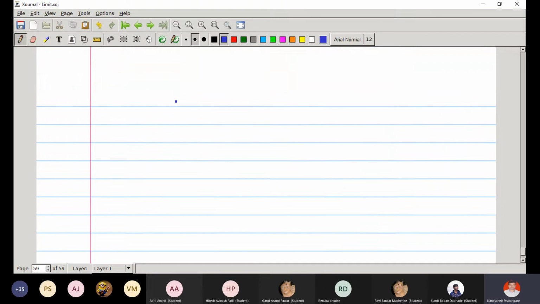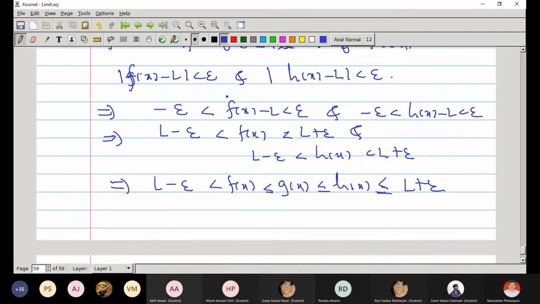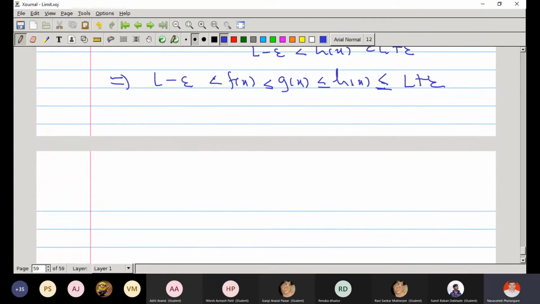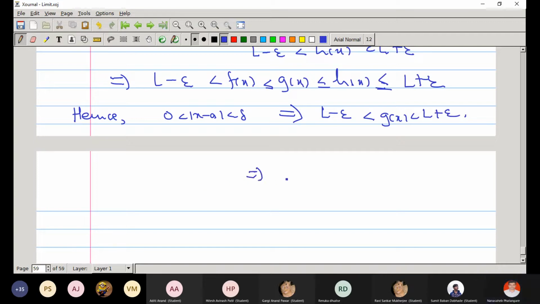So hence, what is the conclusion? If the distance of x from a is less than delta, then L minus epsilon is less than g(x) is less than L plus epsilon. What does it mean?